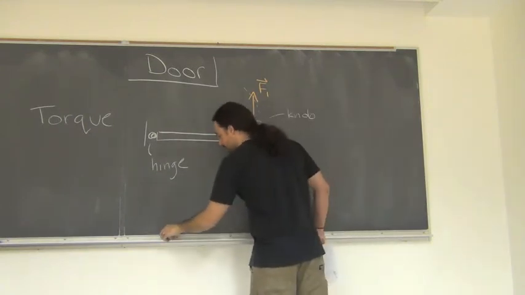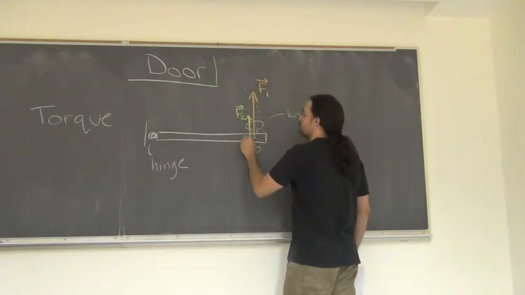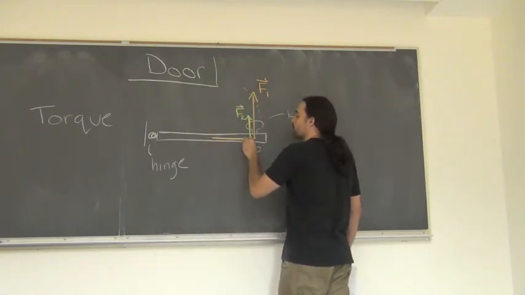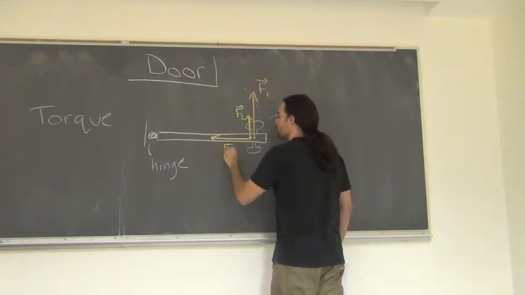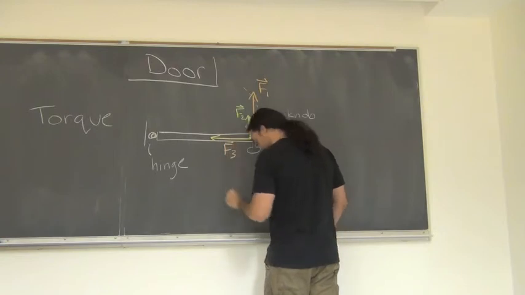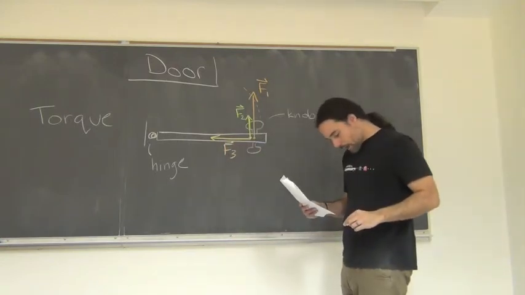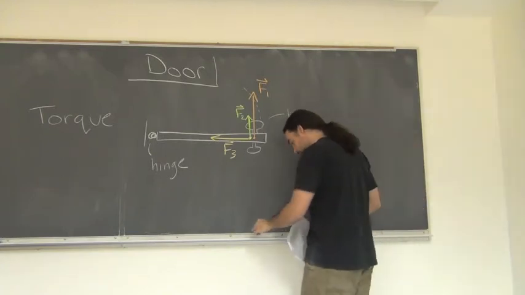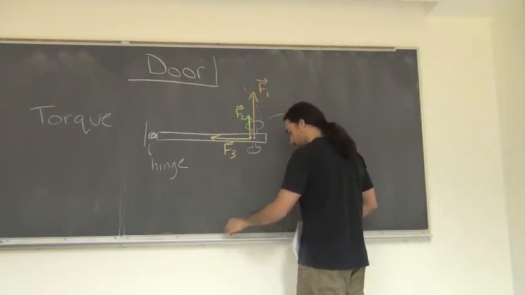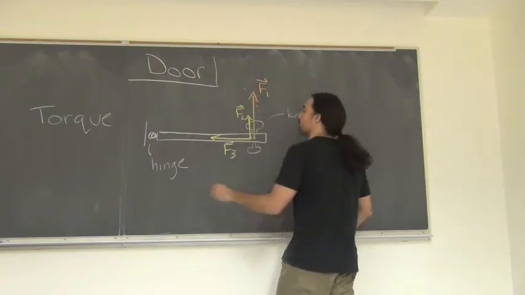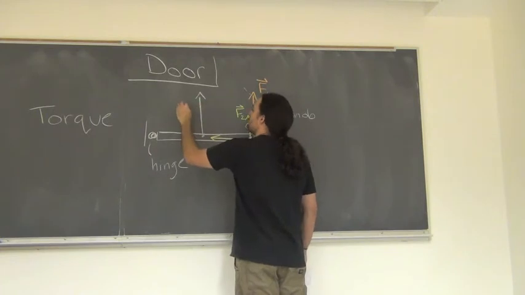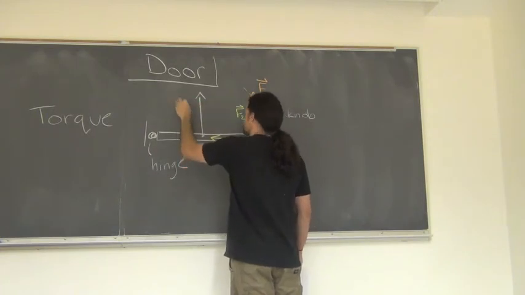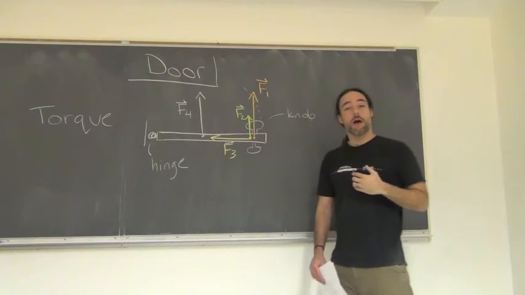I'll give you a third option for a force. I'll do that one in yellow. You're going to be pushing this way. Force 3. We'll do one more. Push in the middle of the door right here. Force 4.